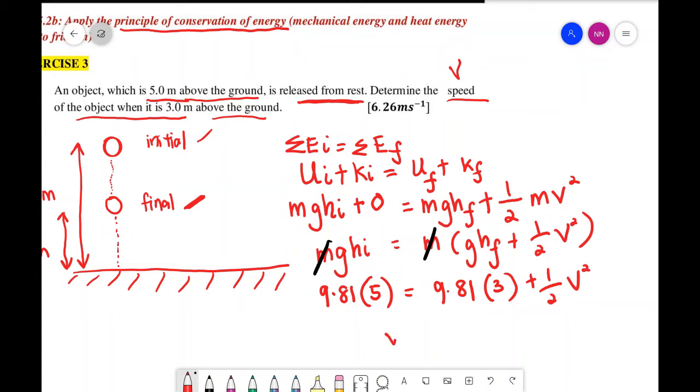So we can determine v, the speed at 3 meter above the ground. Taking the square root, the answer equals 6.26 meter per second.